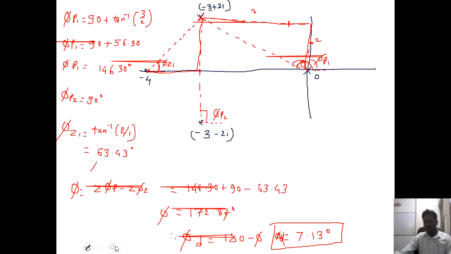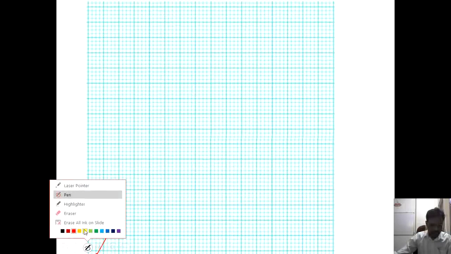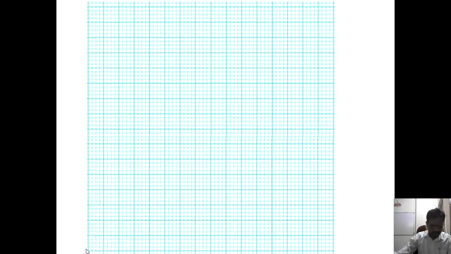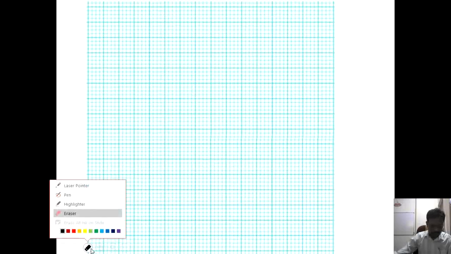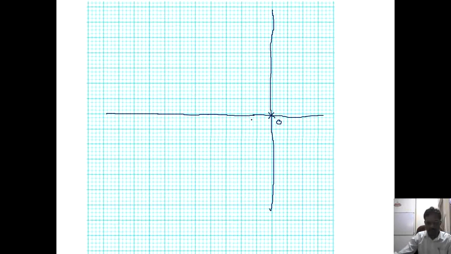So let us draw the root locus now. This is our S-plane. Imaginary axis. Suppose this is the real axis. Okay, then the poles are at 0, then suppose 1, 2, 3 and 4.